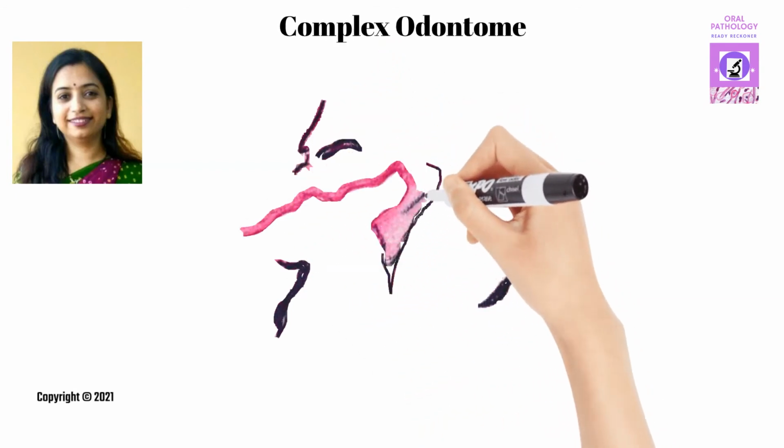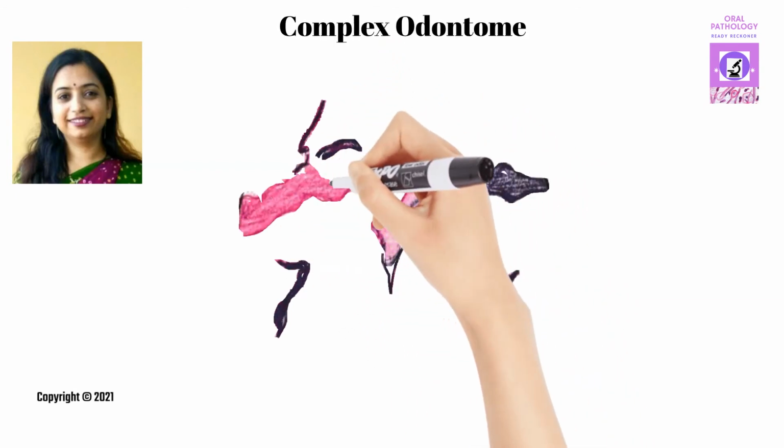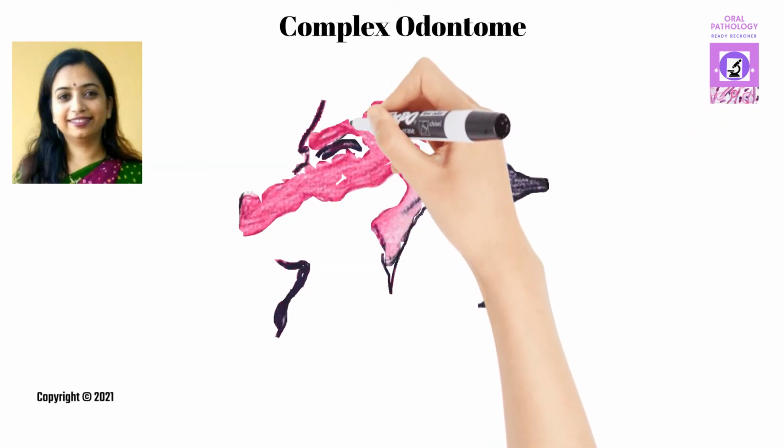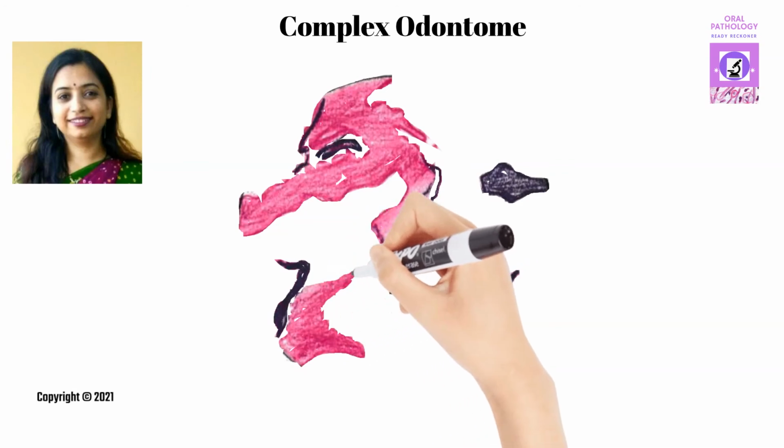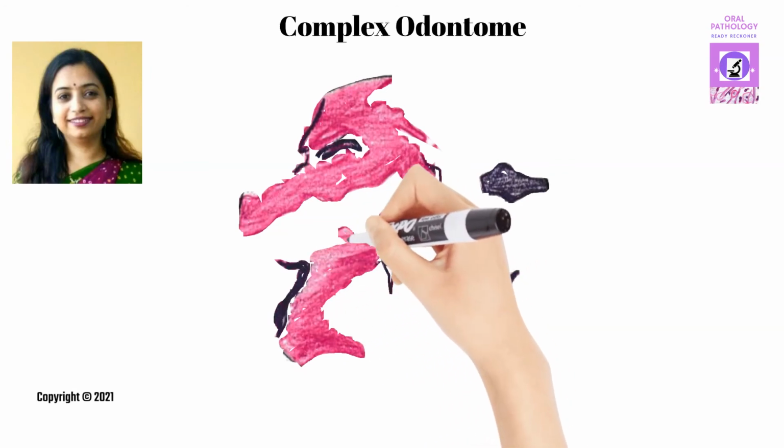Next odontogenic tumor is complex odontoma, which is also a type of odontoma that is considered a hamartomatous proliferation.